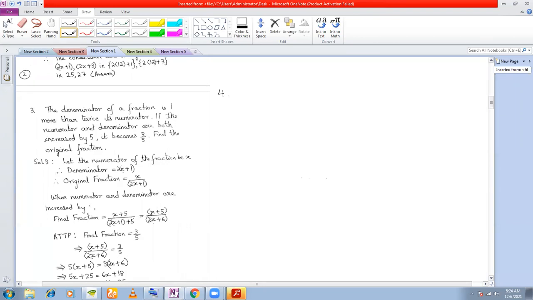Let's see what is the relation between numerator and denominator given. The denominator of a fraction is 1 more than twice its numerator. So if I say let the numerator of the original fraction be x, therefore, what should be the denominator of the original fraction?